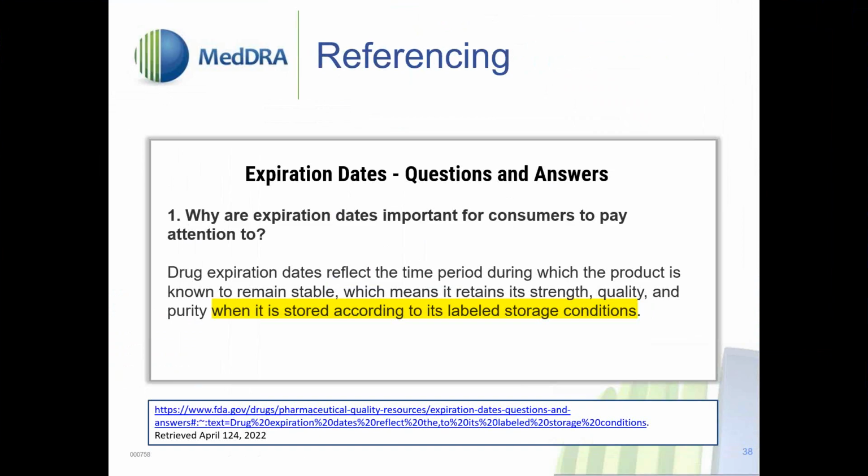Drug expiration dates reflect the time period during which the product is known to remain stable, which means it retains its strength, quality, and purity when it is stored according to its labeled storage conditions. The expiration date is the date that is printed on the product packaging and/or container. And in our case, the drug was not stored according to the label. It was stored at higher temperatures than indicated. That is why any LLT referring to an expiration date is not applicable.